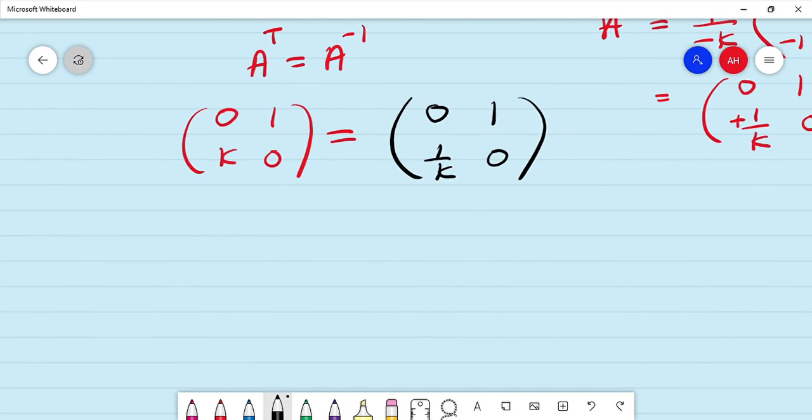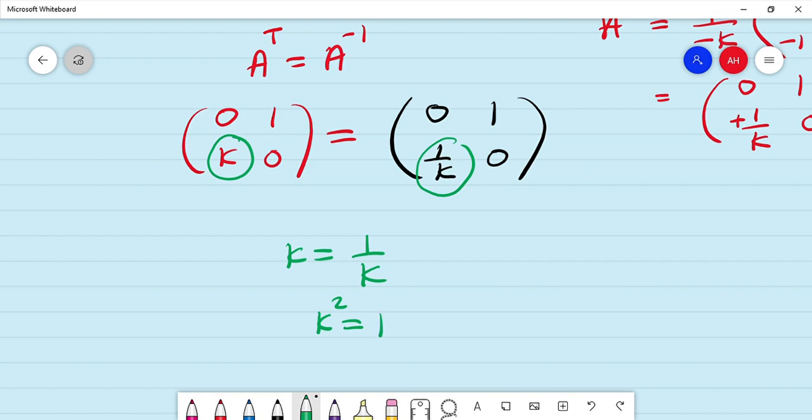The terms having k are at this position. That is, k must be equal to 1 over k, right? If we cross multiply, we have k square equal to 1.